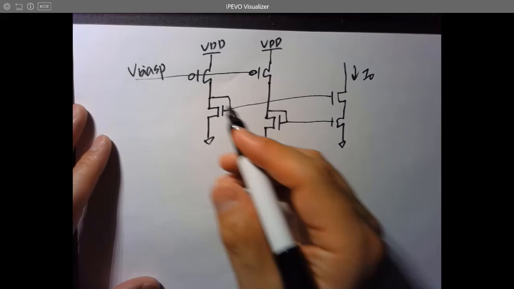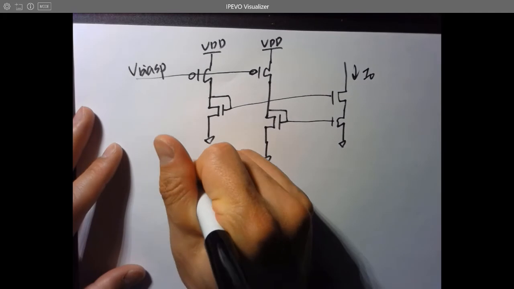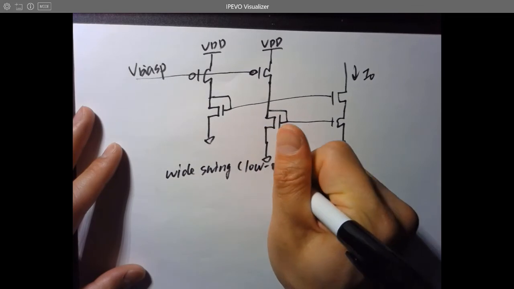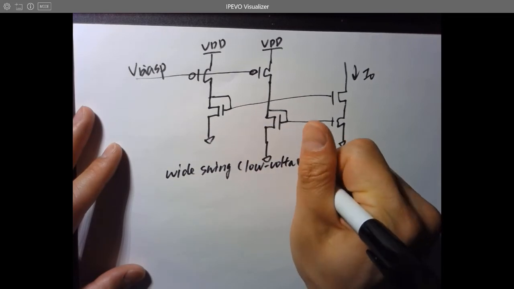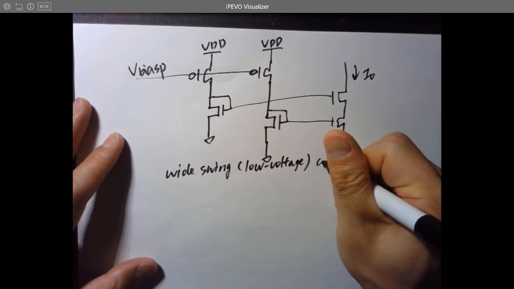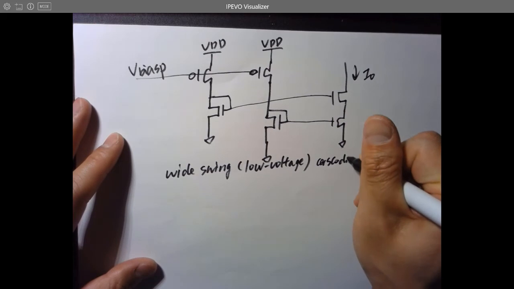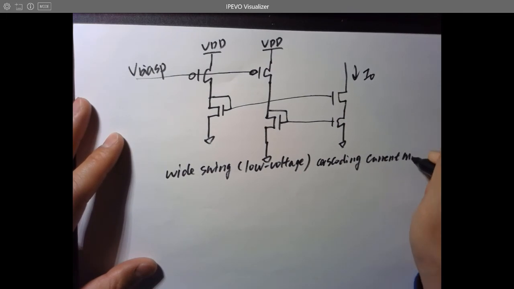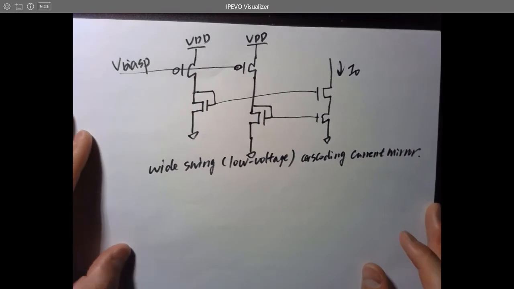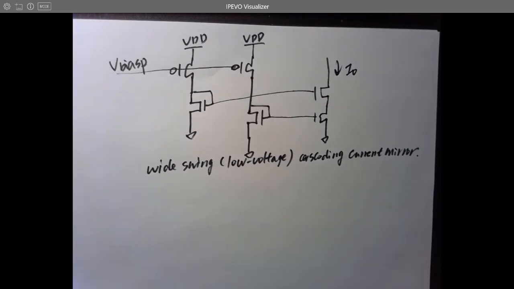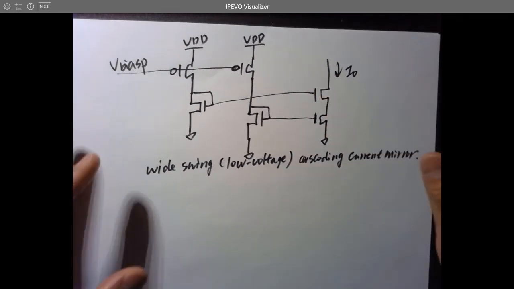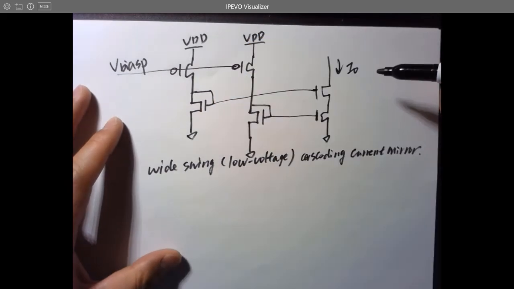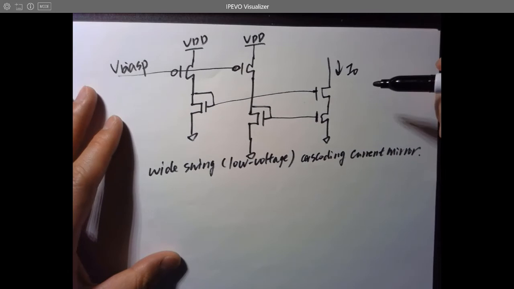So that's a wide swing, or it's called a low voltage cascoding current mirror. And why is that? Because right now you can control the VGS separately by these two current sources.